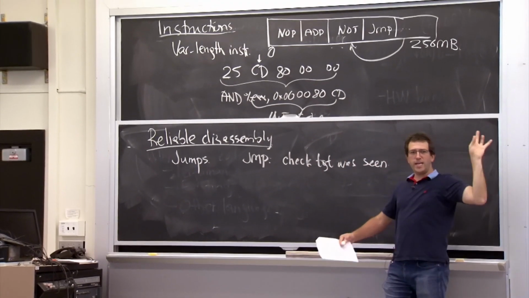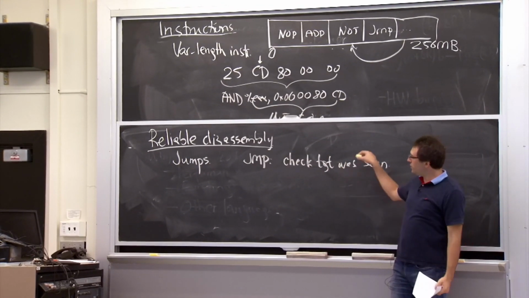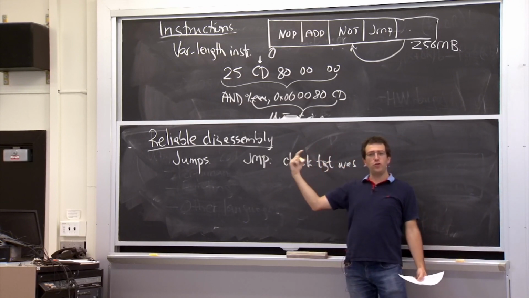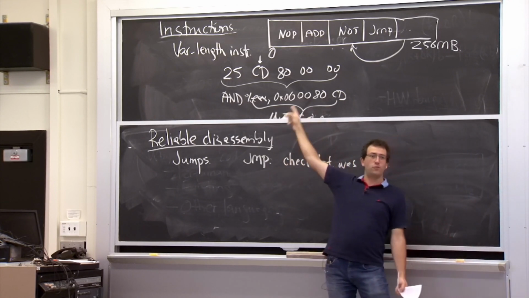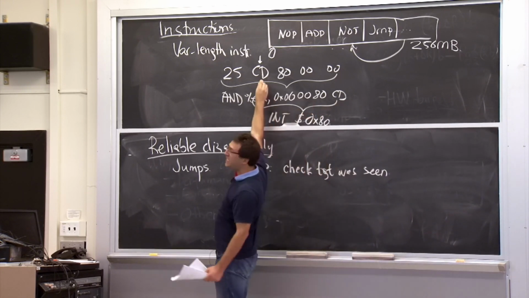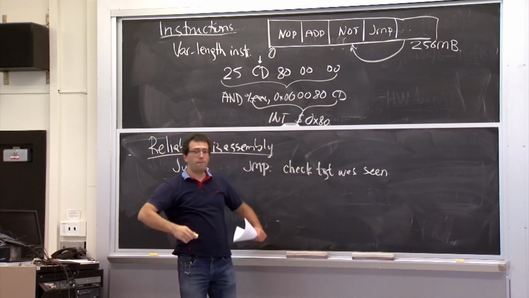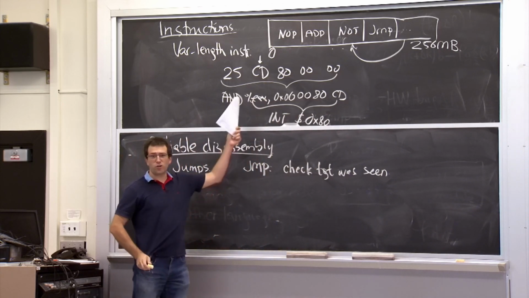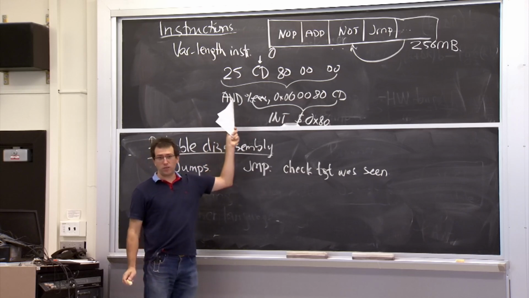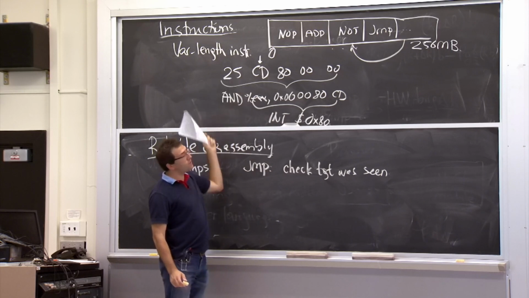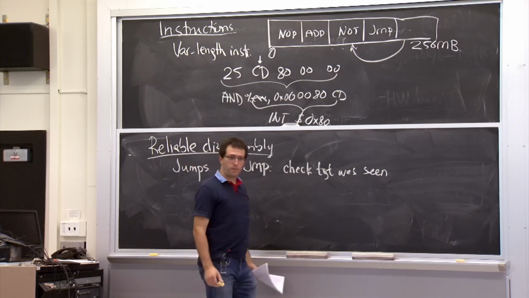But then if you see any kind of jump instruction, you see what address the jump instruction is pointing to, and you make sure that it's an address that you saw in your left to right disassembly. So if there's a jump instruction, for example, that goes to that CD byte, then we're going to flag that jump as invalid because we never saw an instruction starting at the CD byte. We saw a different instruction. But if all the jumps go to the start of instructions we saw, then we're in good shape.